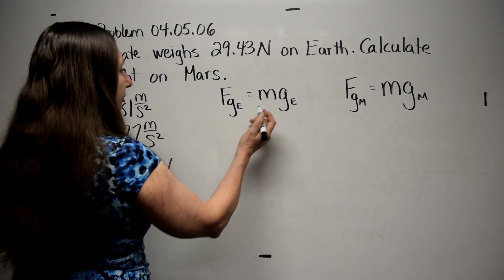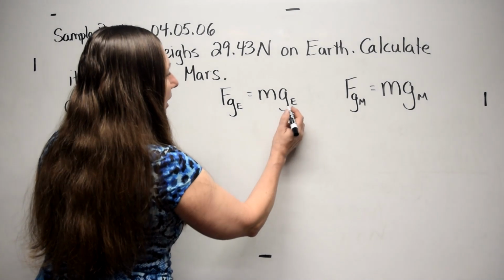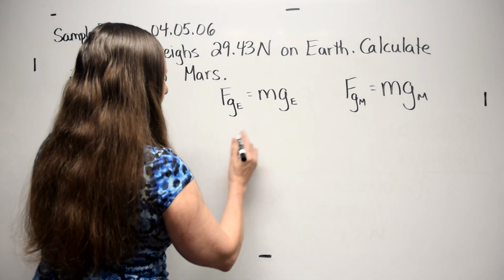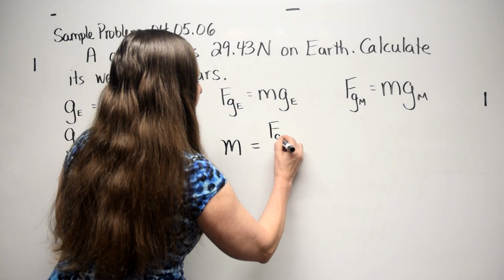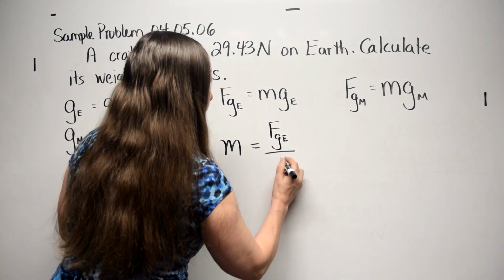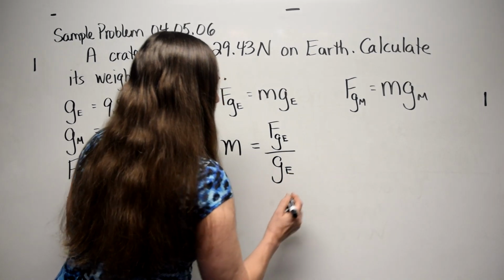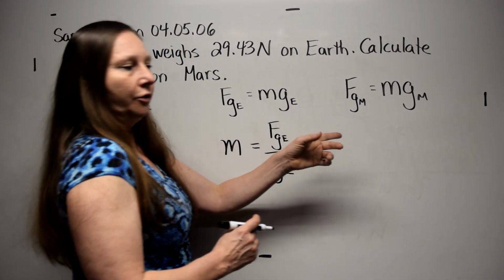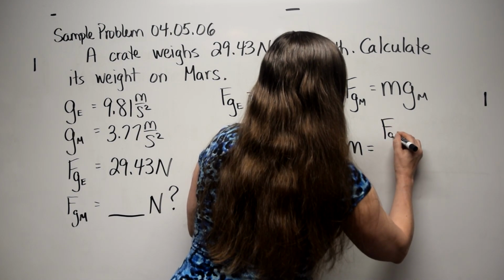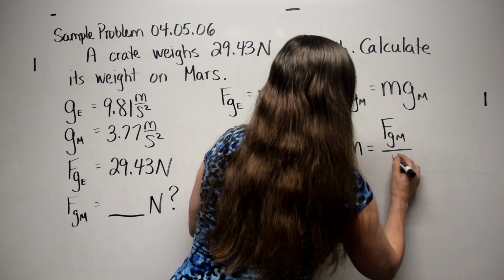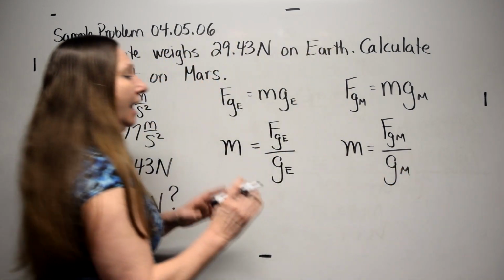So I'm going to solve for mass and get the mass on the left side. I'm going to divide by GE, and I'm going to find that the mass is equal to FGE divided by GE. All right, over here, the mass is equal to FG on Mars divided by G on Mars.